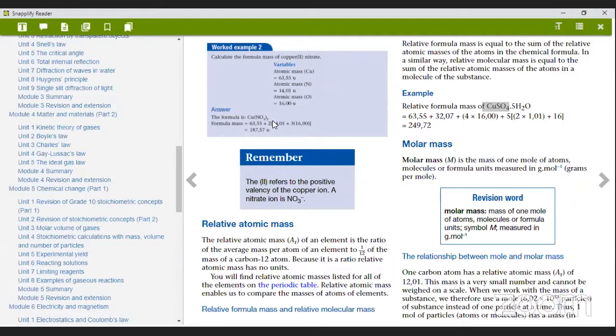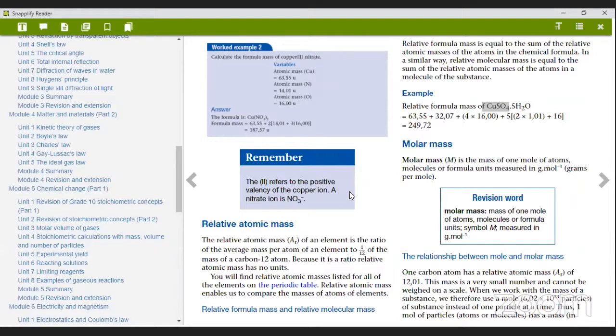They are the only ones that get to introduce multiplication in our calculation. But other than that, you always add them together. Please let's not forget that. Something to remember that they mention here: the number 2 refers to the positive valency of a copper ion. A nitrate ion is NO3 negative. Okay, I hope you guys are following through with what I'm saying here.